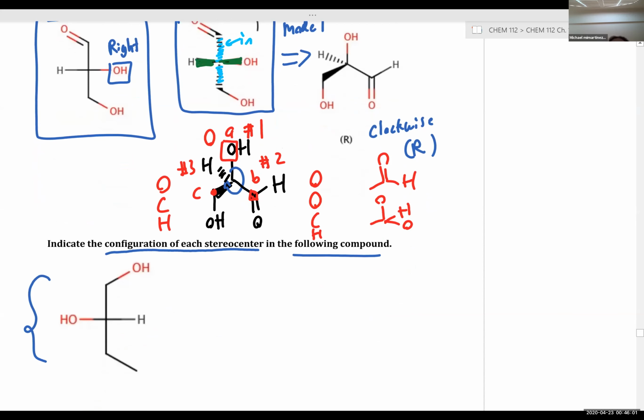Perfect. So I'd like you to try out this process on the following structure. And I'll be making a model for you so we can check our work. Yeah, this class has been quite fun in terms of the idea of enantiomers, because the camera flips any structure I make. So I've been having to make a lot of the enantiomers of the structures that we've drawn to make sure the camera shows them properly.